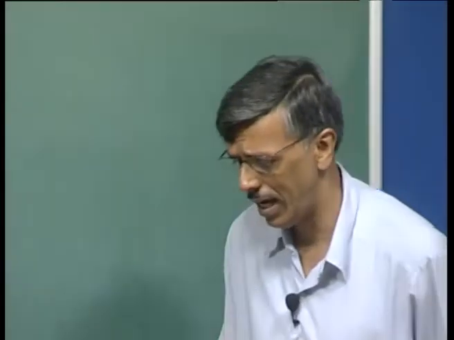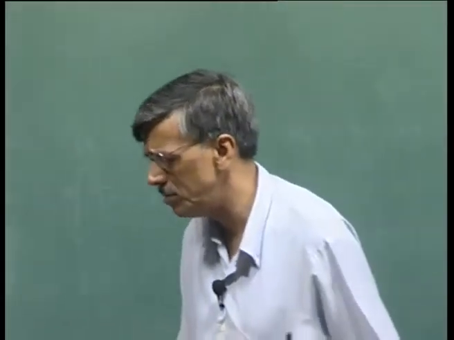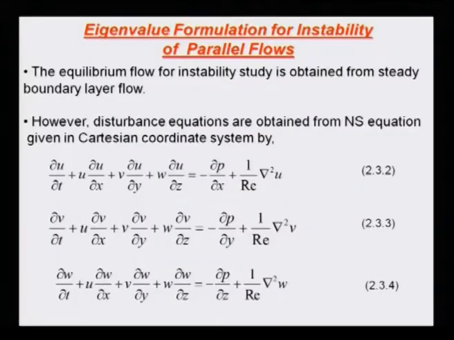But let us now go ahead and rederive those equations depicting the stability or instability of the parallel flow. Now, we have noted by now that in instability analysis, we start off with identifying an equilibrium flow.